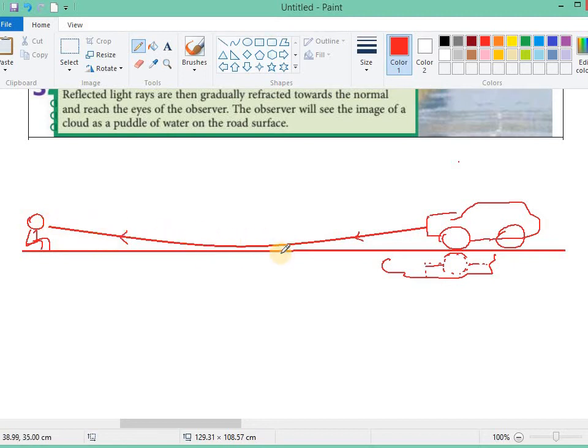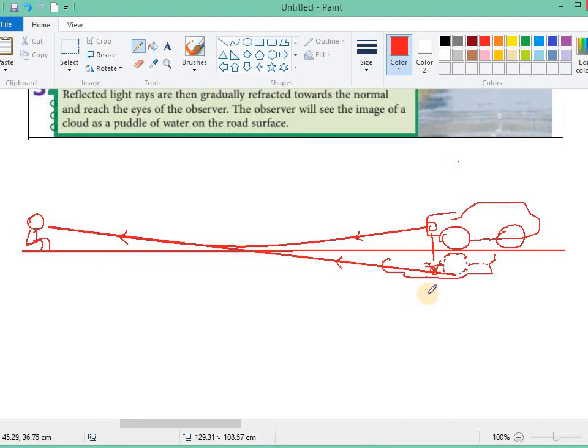So from your point of view, it looks like the light comes from here. From your point of view, it looks like the light comes from here, so you see the image of the car over here. Like that.